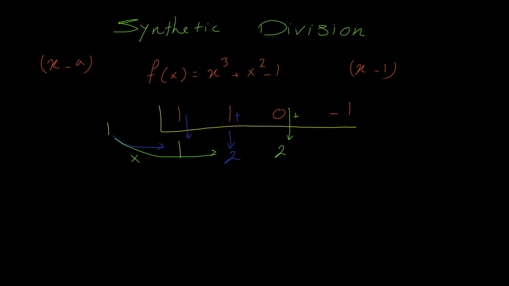Then the next one is again 1 getting multiplied by 2, plus negative 1. So 2 plus negative 1 is going to give me a 1.